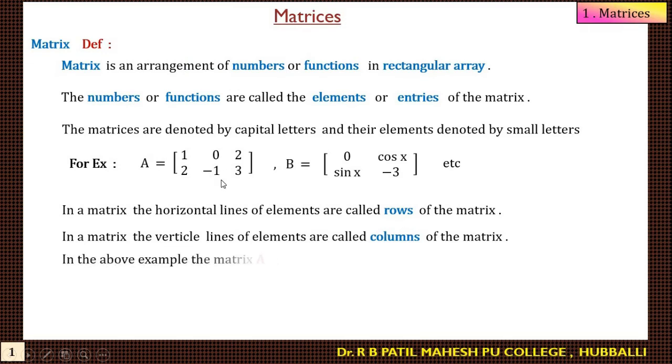In the above example, matrix A has two rows and three columns. In the same way, matrix B has two rows and two columns.